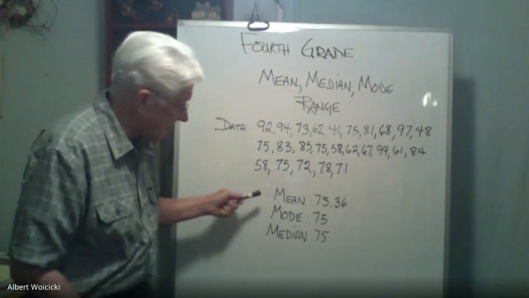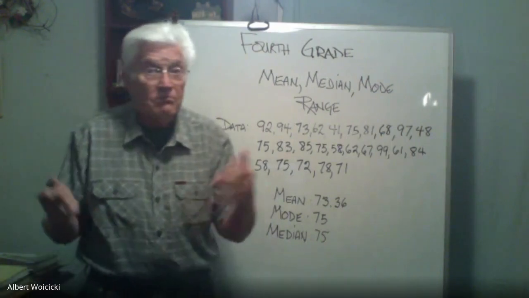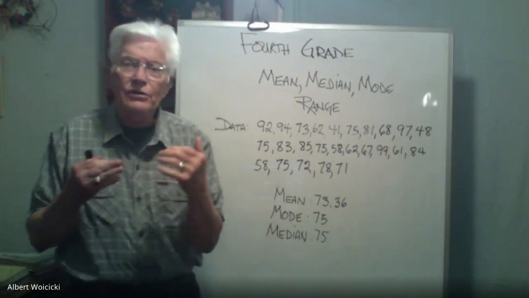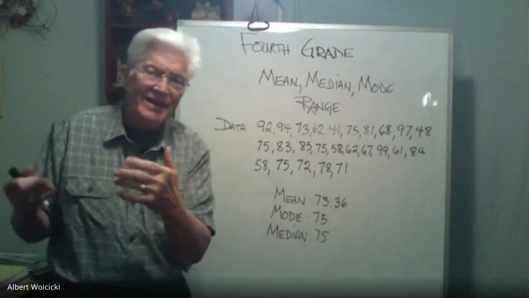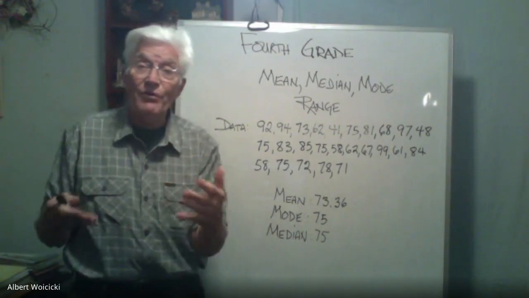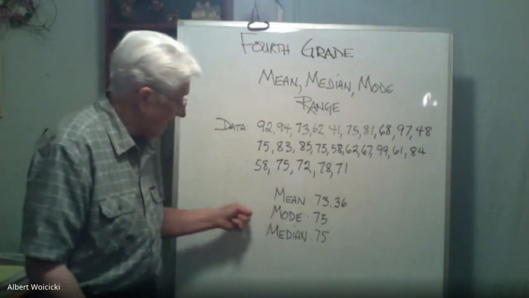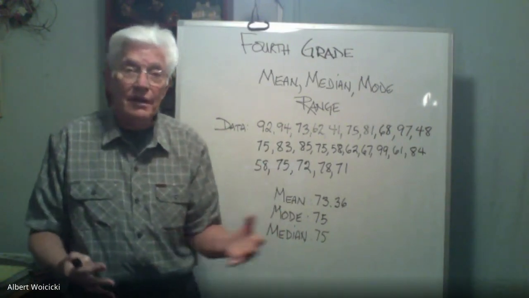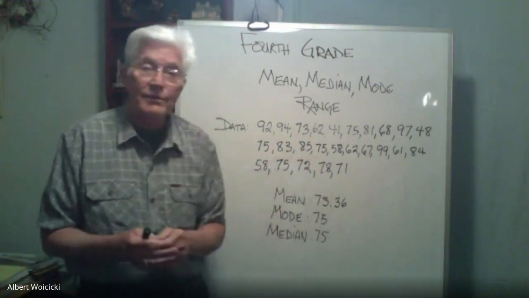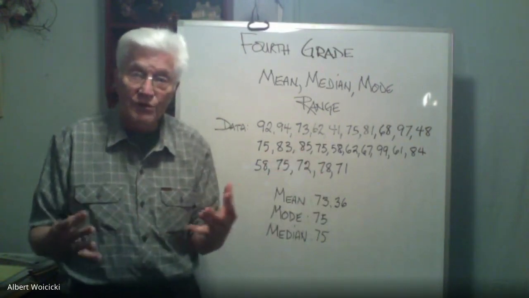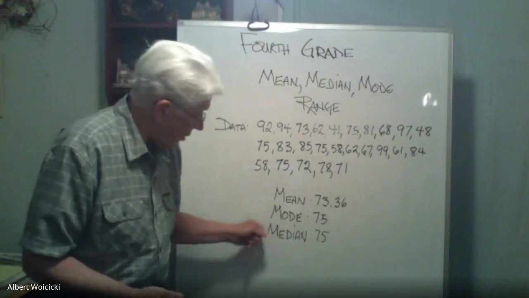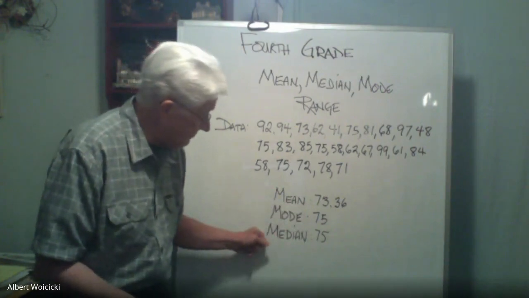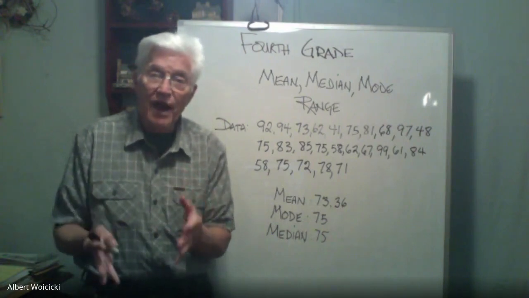So again, the mean is the average of all the scores. Have your students do that. They take a look at the scores and figure out what the average is. Have them figure out what the mode is, the thing that happens most often. In this case, it was 75 because there were 4 75s. Hopefully they all weren't sitting together. And the median was also 75.